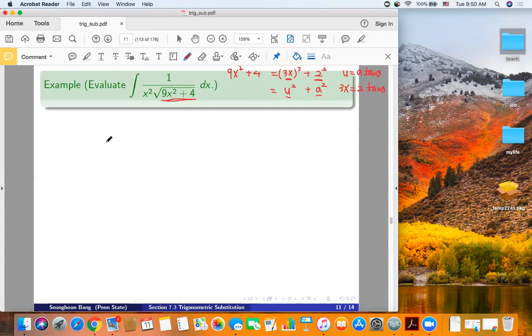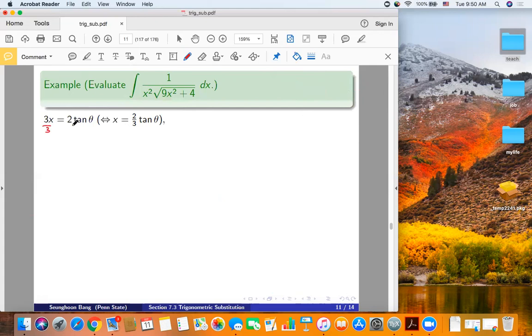So what's that? We divide by 3, so x equals 2 tan theta divided by 3, that is 2/3 tan theta.